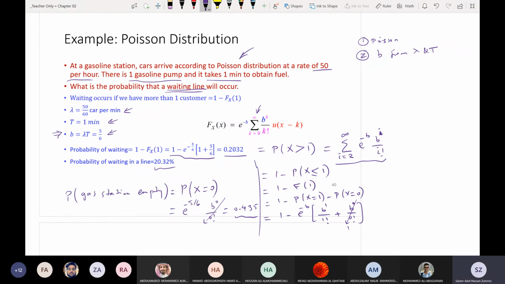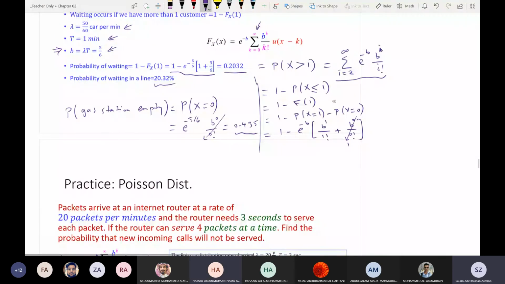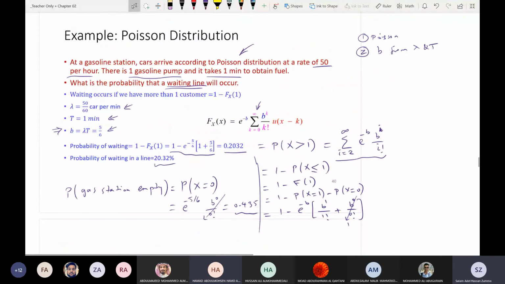Excellent. So if you pass by on your way home from work, 40% or 43% of the time you will find nobody there, which is nice for you. Doctor, please go ahead. From this I can say that the possibility of finding a line goes from 0.5 and less, even if I find one in the line.